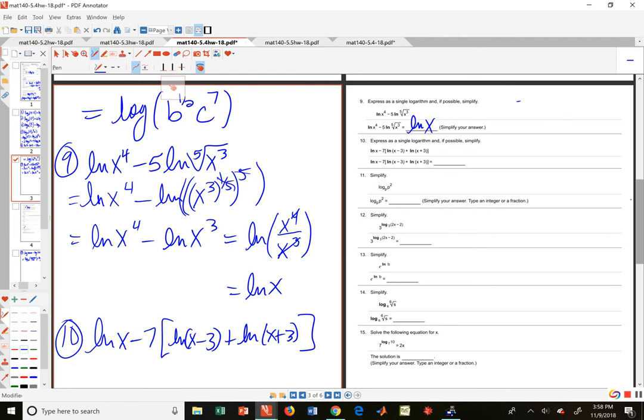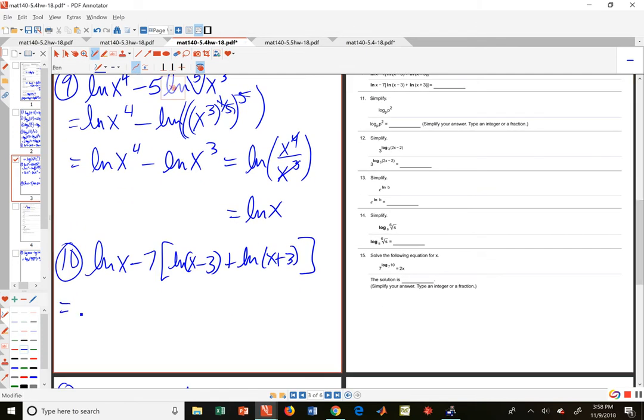Okay, so there's our problem. I'm not going to do anything with the ln of x or the 7 yet. First, I'm going to take care of these brackets. The bracket says the sum of two logarithms is the logarithm of the product. X minus 3, x plus 3, like so.